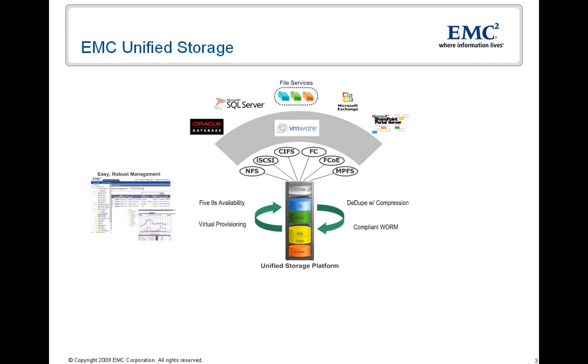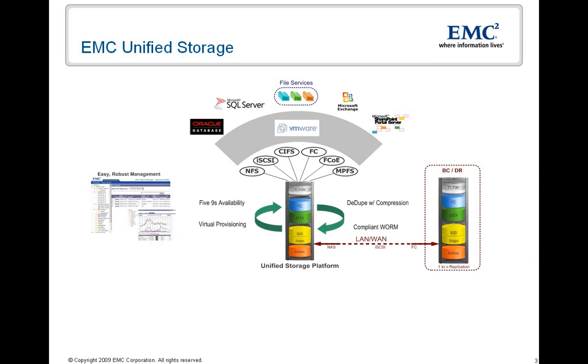That's what virtual provisioning represents. Compliant WORM. Again, March 2nd, we released two very hot features within the Unified Storage Platform. One was dedupe. The next is compliant WORM, having the ability of locking down a file system so you can't delete, but having some type of retention schedule so when these files become eligible for deletion, they can be deleted.